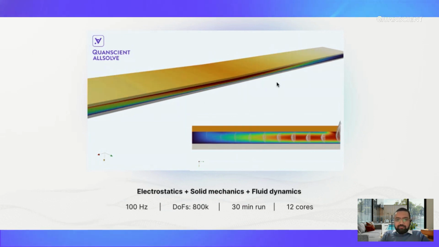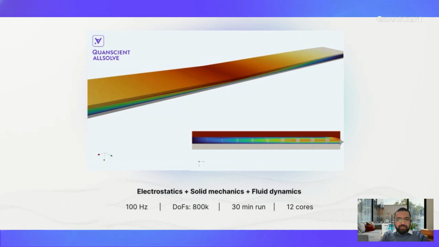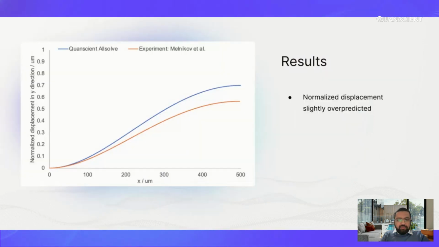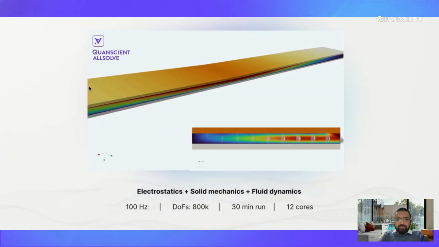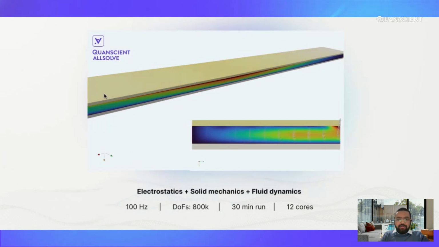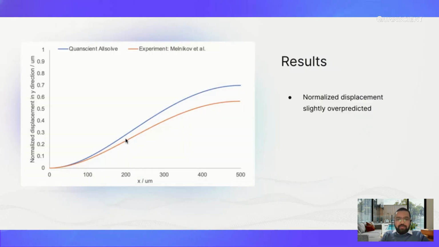That's the qualitative comparison. Let's have a look at the quantitative comparison. So here what I plot is the normalized displacement along the center of the plate, going from left to right here in the center of the top plate, only until 500 micrometers because we did a symmetric example.